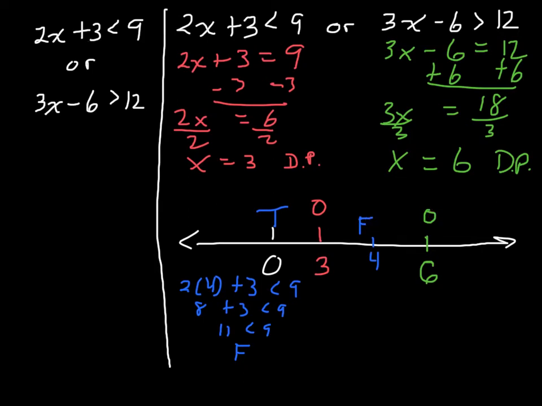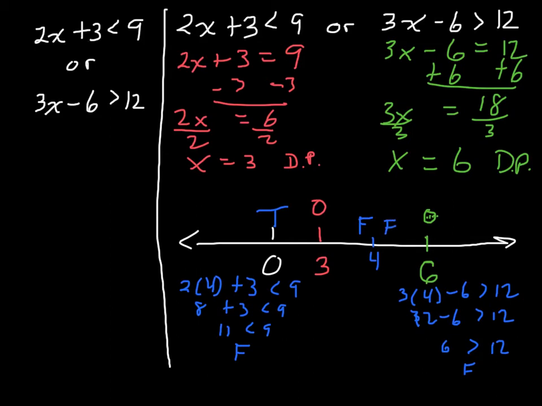And so then I have 3 times 4 minus 6 is greater than 12. 12 minus 6 is greater than 12. 6 is greater than 12. That is false, which means for this green point right here, this number is false, which is what I expected.